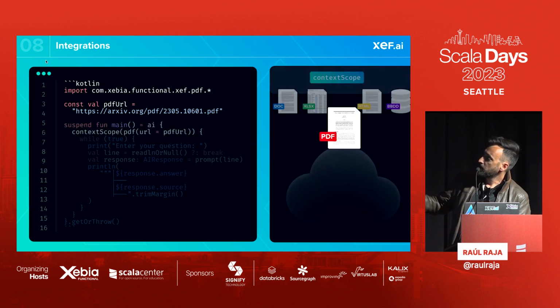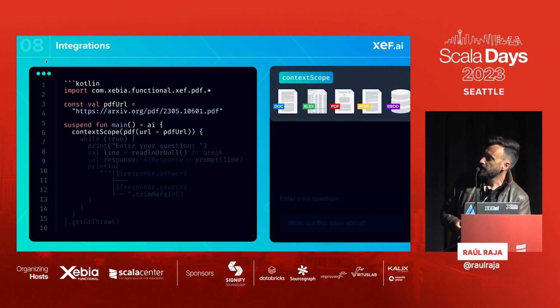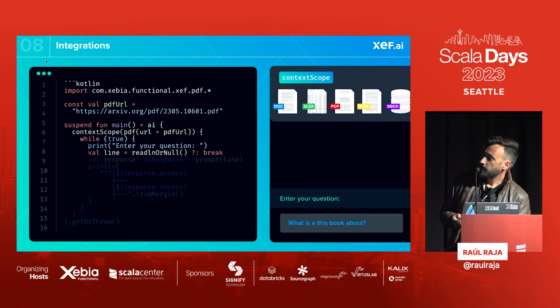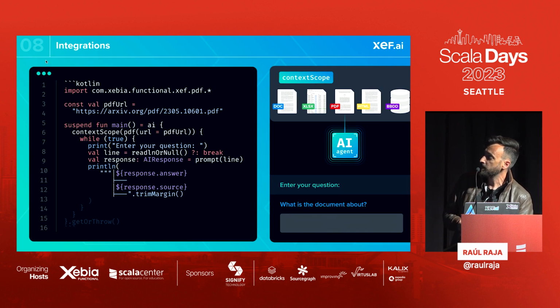So in this particular example, we can see that we have a context scope. We can invoke the PDF function with a given URL. Then we can go in an endless loop, similar to what you would have in a CLI chat style input and output. So we're going to be asking questions about the actual paper. We get some input from the user.